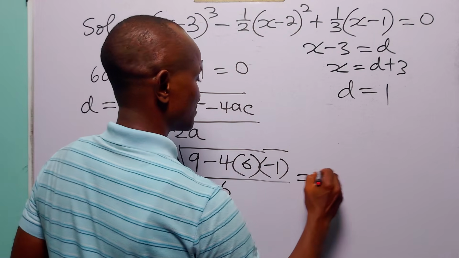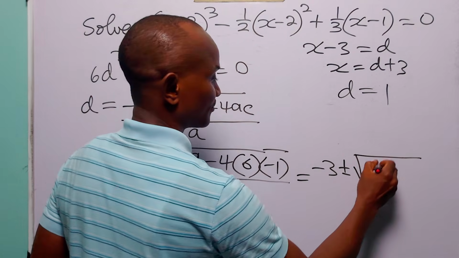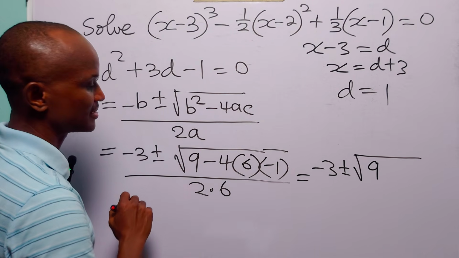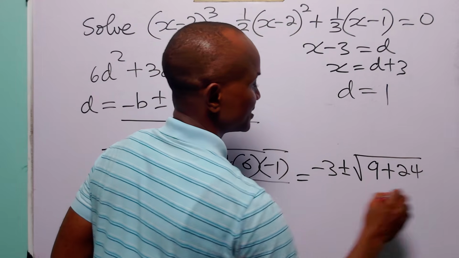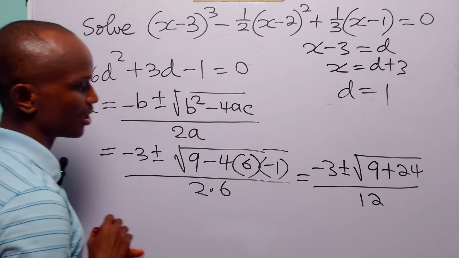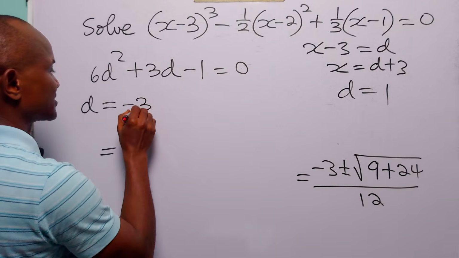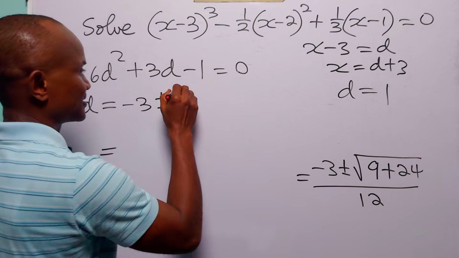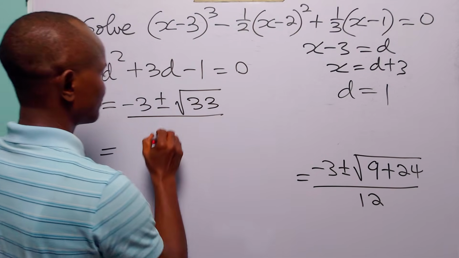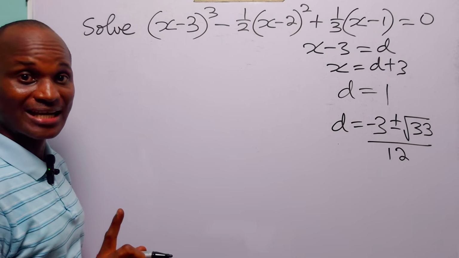Now, this is equal to minus 3 plus or minus the square root of 9 minus 4 times minus 6 is plus 24, divided by 2 times 6, which is equal to 12. And from here, we have two more values for d. We have minus 3 plus or minus the square root of 33 divided by 12.